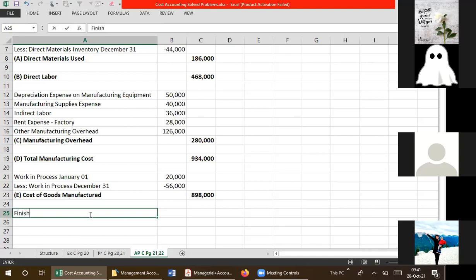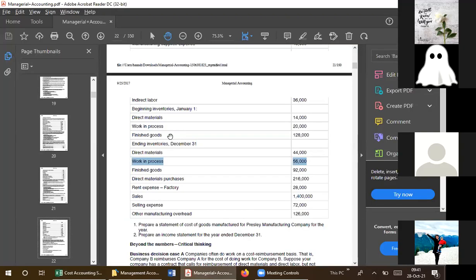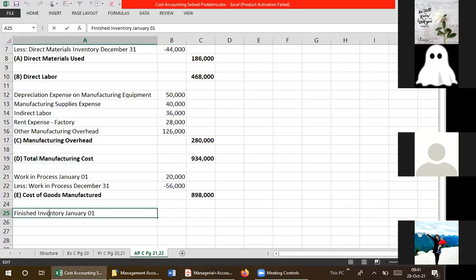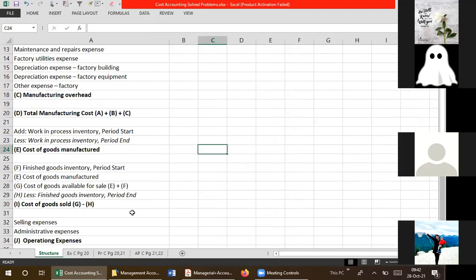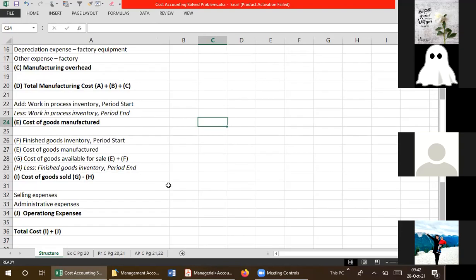So we have our finished goods, 128,000. Finished goods inventory period start.